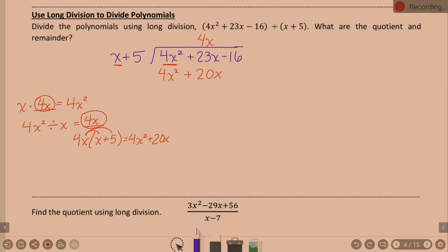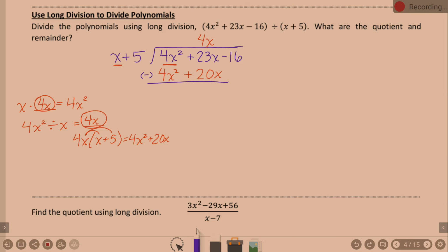And now what do I do? Subtract. Because once we got the 75 on the previous problem, what did we do with 96 and 75? We subtracted. Subtract your like terms. If done correctly, these should all be like terms. 4x squared minus 4x squared cancels.